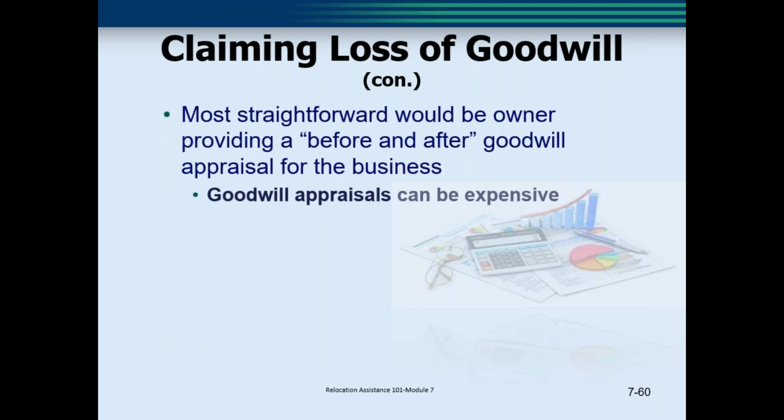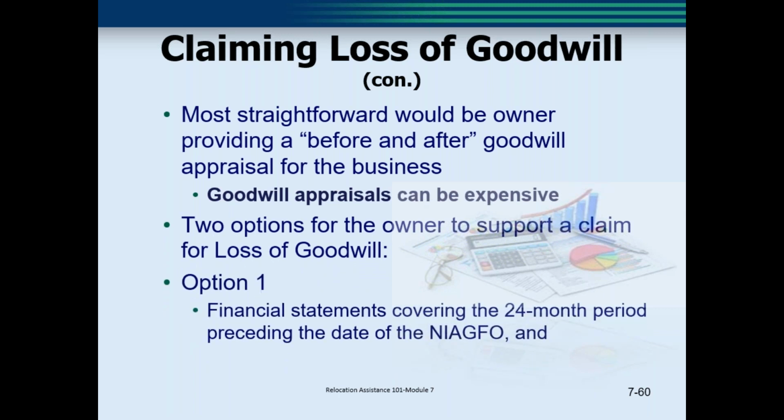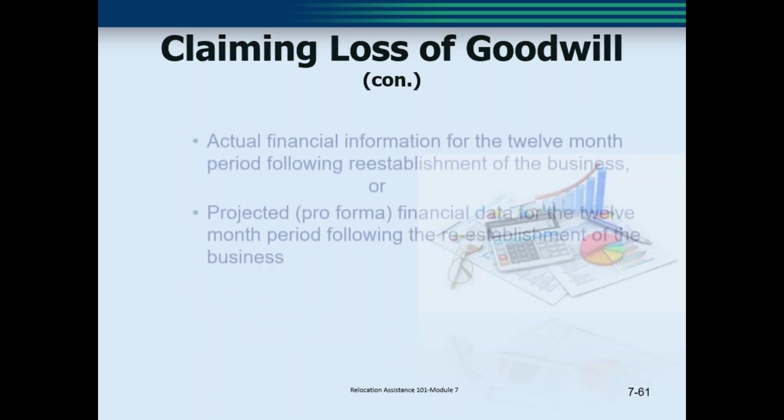So the most straightforward would be a before and after appraisal, which discusses loss of goodwill, but this avenue would most likely be very expensive. Two other options for the owner to support a claim for loss of goodwill might be financial statements covering a 24-month period preceding the date of the NIAGFO.